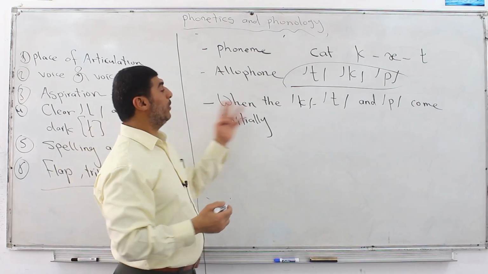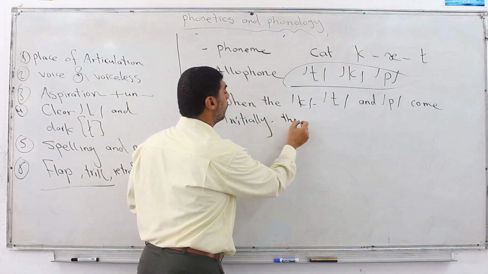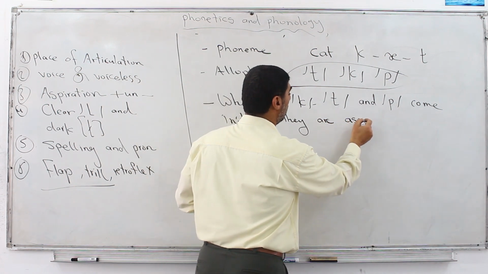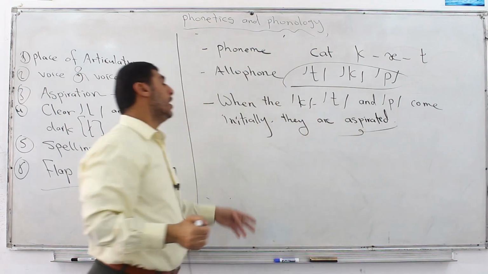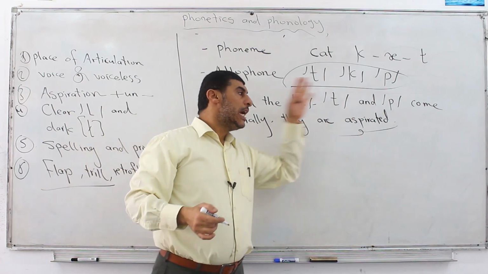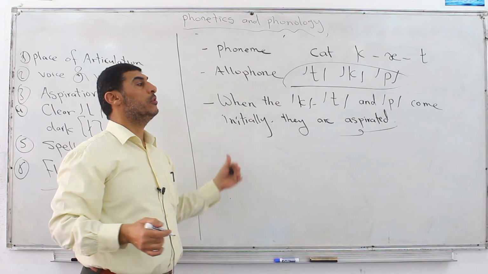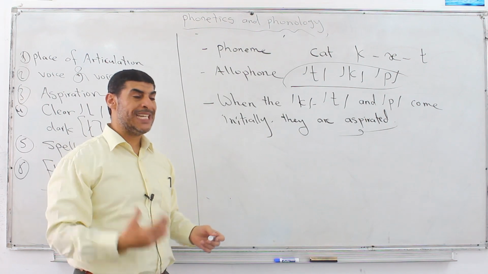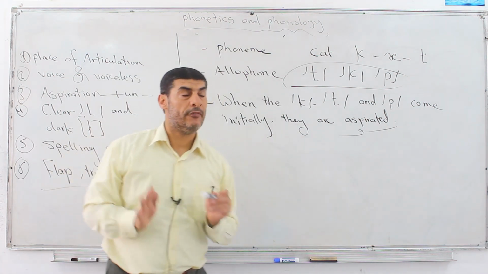They are aspirated. So when k, t, and p come initially, they are aspirated. Once again, when these three voiceless consonants have an initial position in a word or a syllable, they become aspirated, which means they are produced with a strong puff of air.